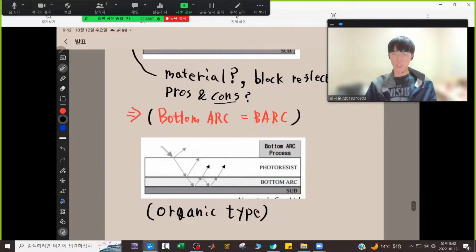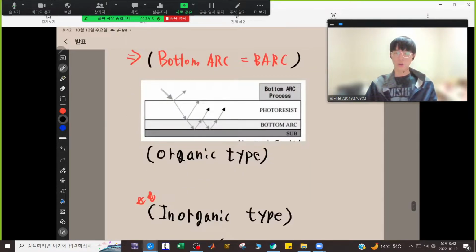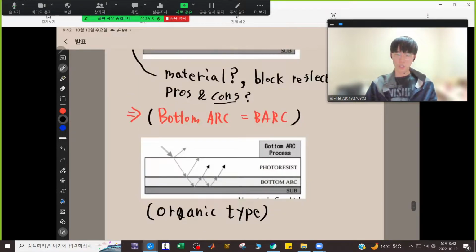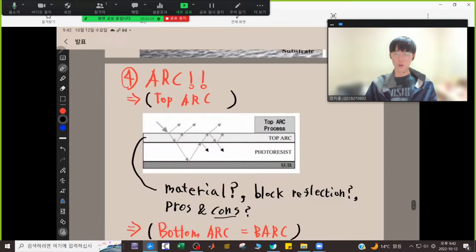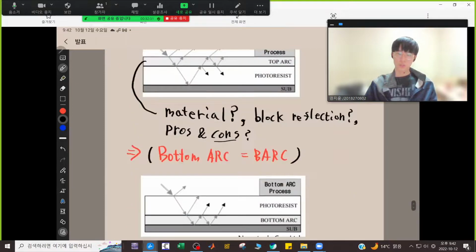The next method is bottom anti-reflection coating. It is called BARC. This BARC is coated on the silicon substrate before the photoresist. There are two types. The first type is the organic type. It is similar to the top method.